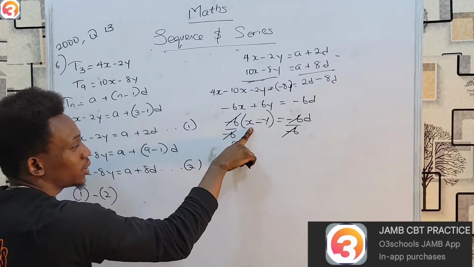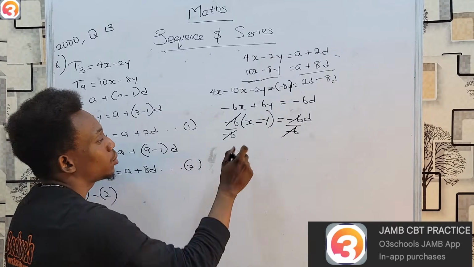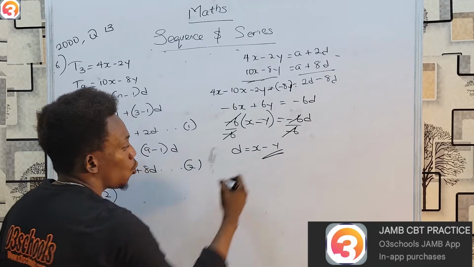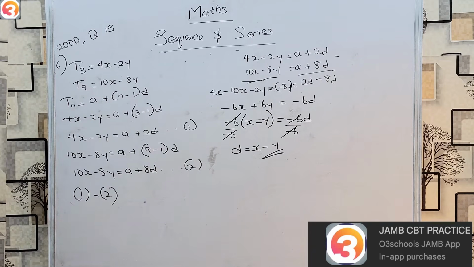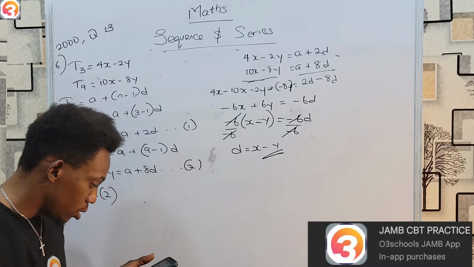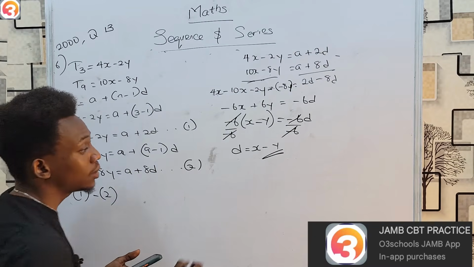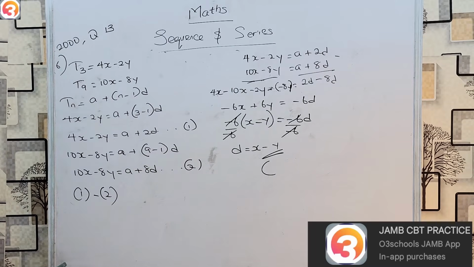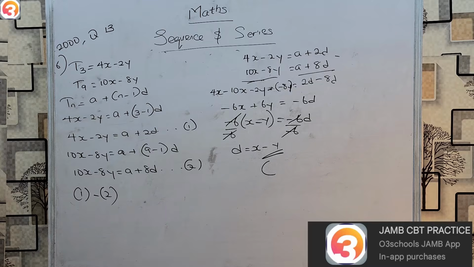That's why I brought out minus 6, because I knew minus 6 would cancel it out. Such that d equals x minus y. And that is all. If I check my options, sorry, I think I'm on the wrong question. Yeah, now I'm at it. This is option C.